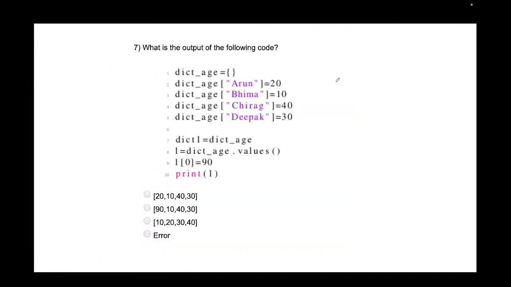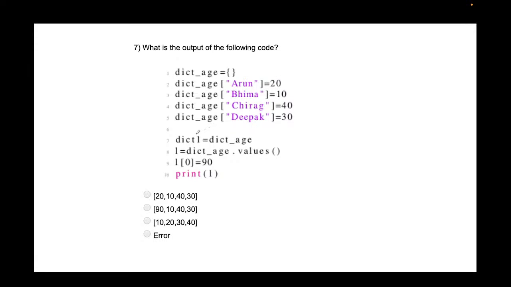We'll go to the next question. What will be the output of the following code? This one is a bit tricky. We are initializing a dictionary called dict_age, and to dict_age we are assigning some keys and corresponding values. The keys are the names, 4 names are given, and their corresponding ages are given as values.